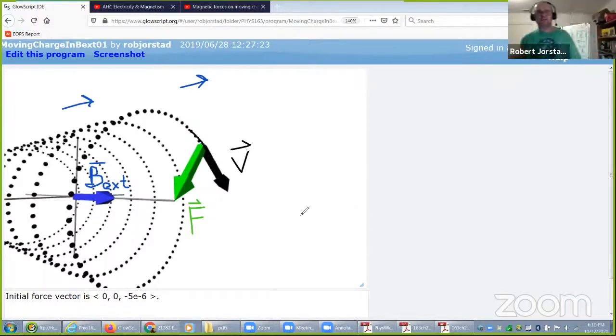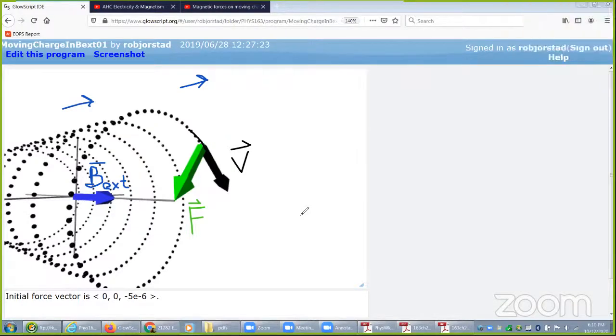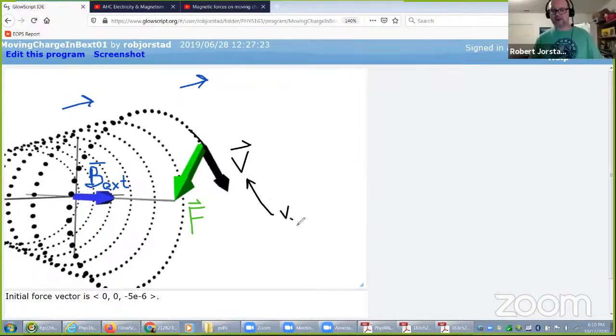And so we see that the force, the magnetic field, and the velocity are all perpendicular, right? Are they all perpendicular to each other? Yeah. Not quite. Remember, there was a tiny bit of the velocity in the X direction, right? That part is not perpendicular to B external, which is all in the X.